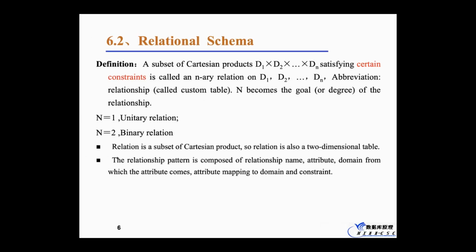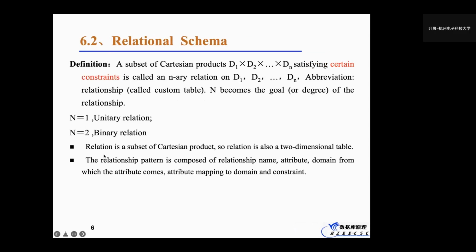As a relation is a subset of a Cartesian product, a relation is also a two-dimensional table. The relational schema is composed of the relation name, the attributes, the domains from which the attributes come, the mapping of attributes to domains, and constraints.